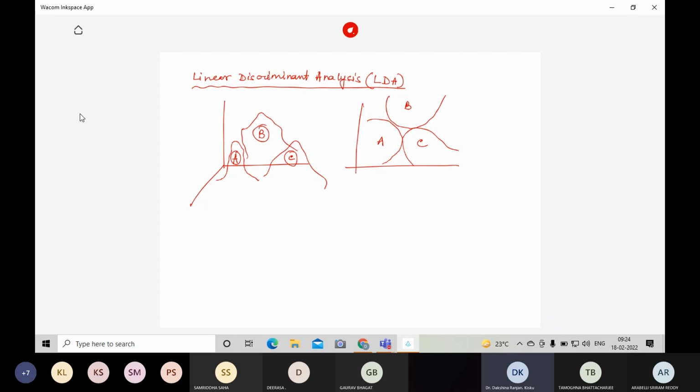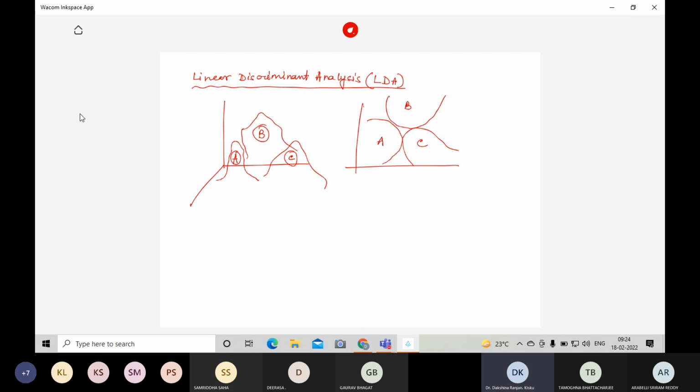Apart from the assumptions made for parametric models, we have a few more assumptions for linear discriminant analysis. The first assumption is that the covariance matrices of the class densities are equal.